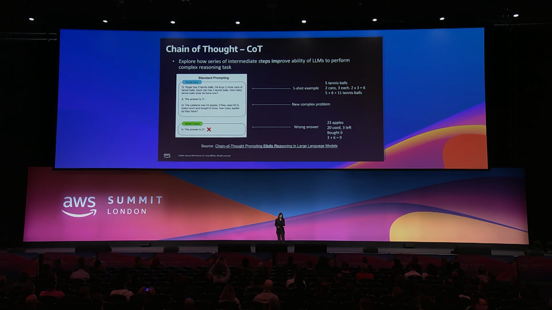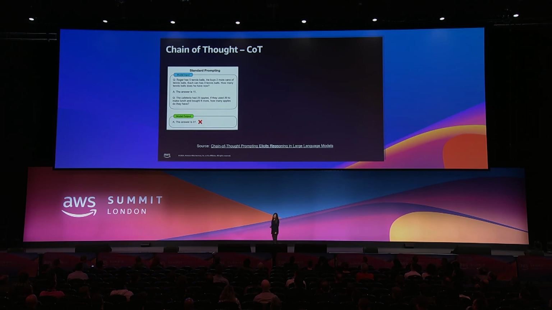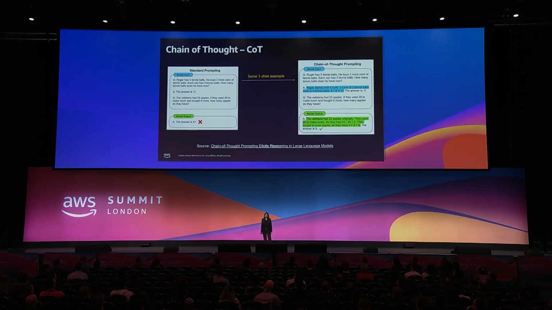They didn't fine-tune the model. They didn't do additional pre-training. Instead, they used chain of thought. So we have exactly the same one-shot example, exactly the same new question, but this time we're getting the right answer. Why is that? Notice that the answer of the one-shot example is more elaborate.